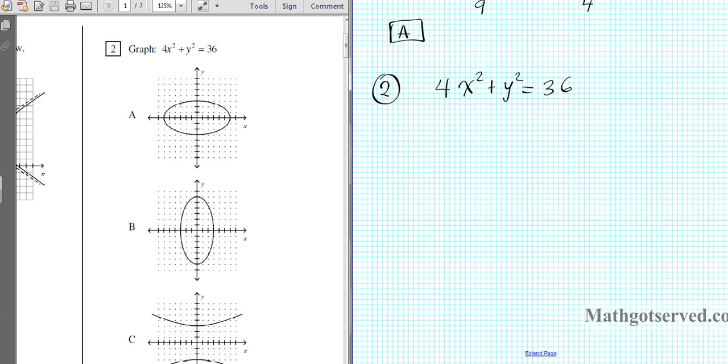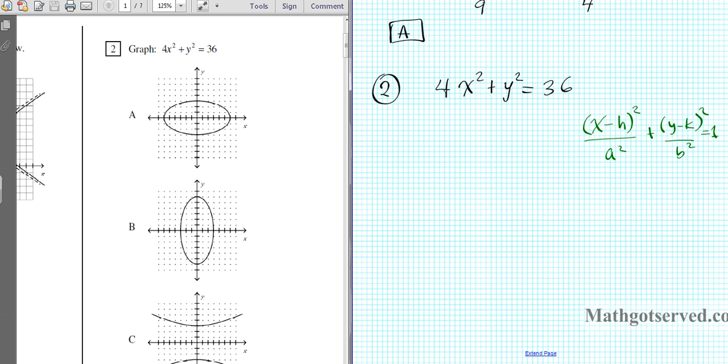Remember the standard form for the equation of an ellipse is x minus h squared over a squared plus y minus k squared over b squared equals 1. So we have two goals in mind.